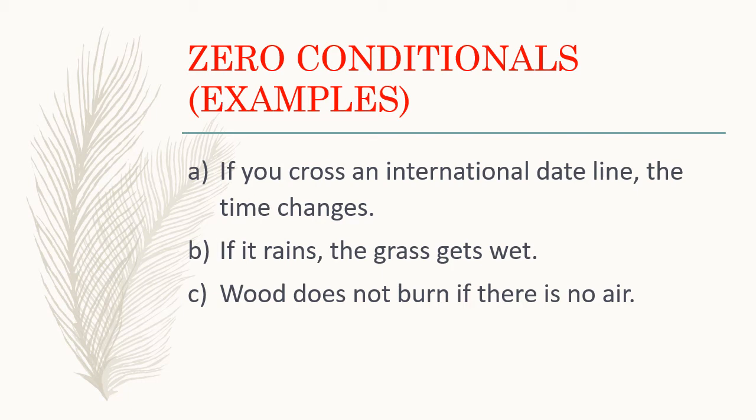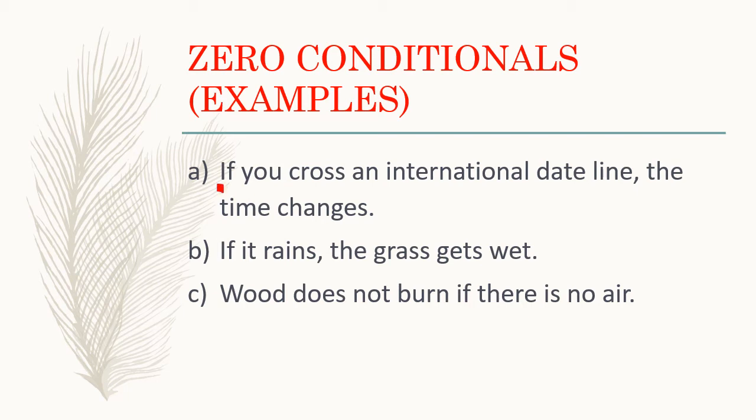Here we have additional examples of zero conditionals. Okay, let's have example A. If you cross an international date line, the time changes. Okay? So let's look at the form and function to prove whether what we are looking at is a zero conditional. So, this is our if clause. If you cross an international date line, right?